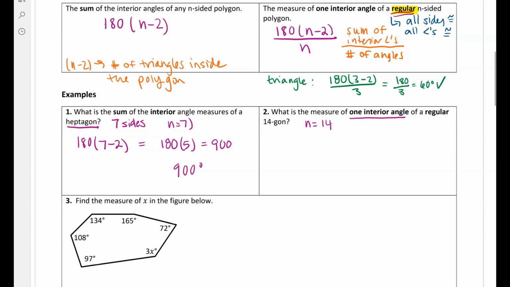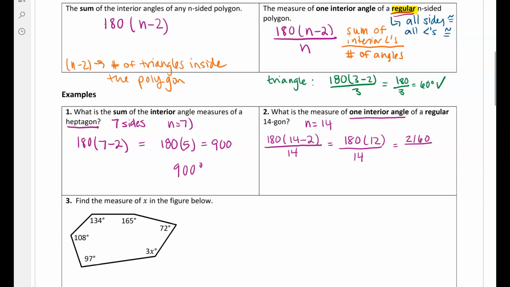We use the same formula as above: 180 times 14 minus 2, all over n, so divided by 14. That's 180 times 12 divided by 14. I'm going to use a calculator off screen. 180 times 12 is 2,160.